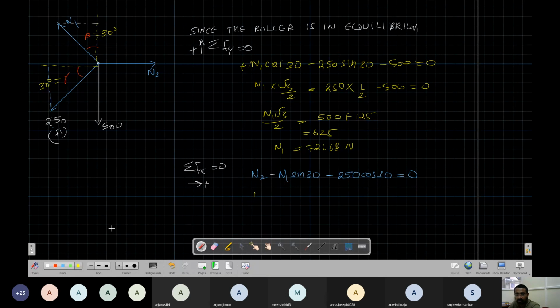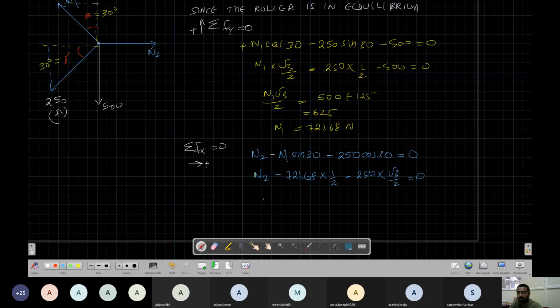So this means N2 minus 721.68 times sin 30 is half, minus 250 times cos 30. So cos 30 is root 3 by 2, equal to 0.